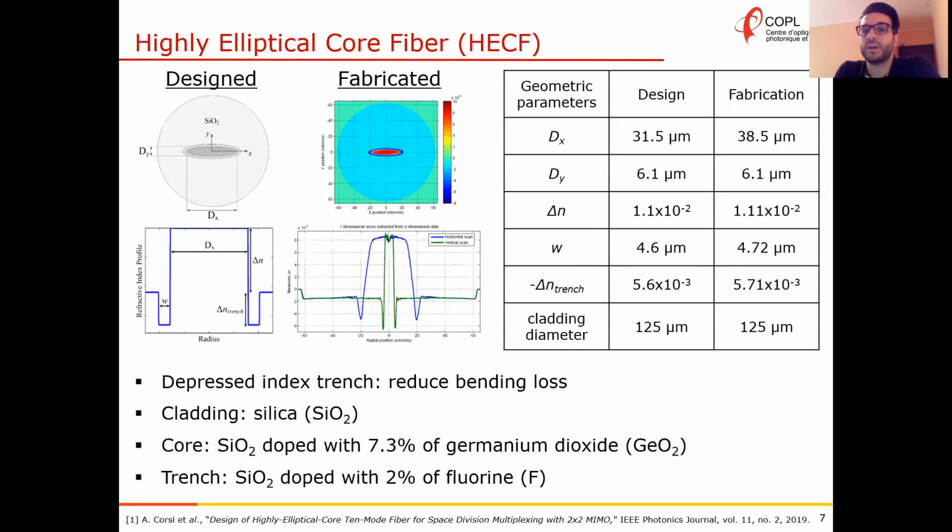And in the table, we can see instead the geometric parameters. So we can observe that from the design and fabrication, the parameters were very close. And I want to mention that all the results about the design of this fiber can be found in the paper listed below.